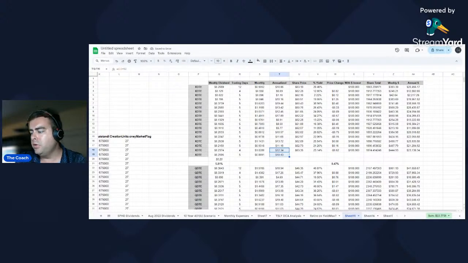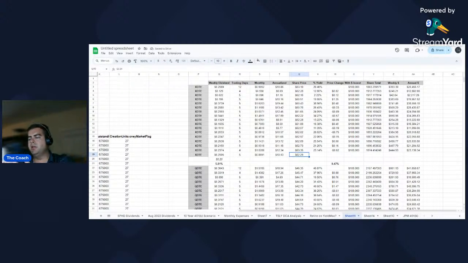Okay, so for annualized, it would be $10.43. So we did drop. Let's look at XDTE. So we dropped a lot. We dropped like a whole dollar. Of course, the market's been rough the last couple days. So it's 52.29. I should base it on yesterday to keep things consistent, but yesterday was actually even worse.